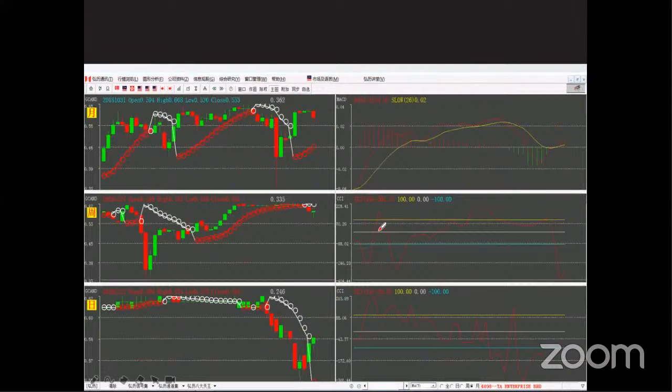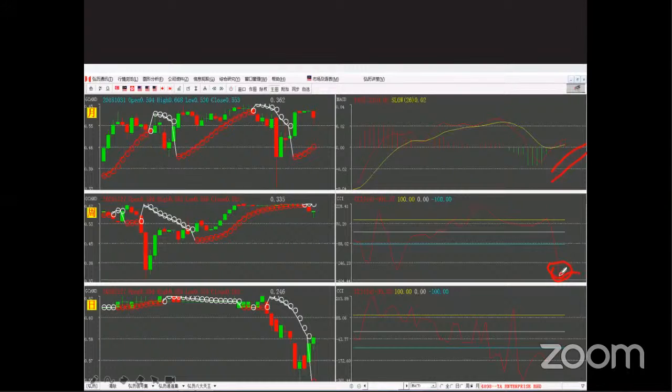Okay, how about this one? First of all, the monthly chart just formed the bullish pattern, since here the red line just broke out of the yellow line. And on the weekly chart, CCI is far below the minus 100, so it's very obvious that it belongs to the safe area, the oversold area, right?